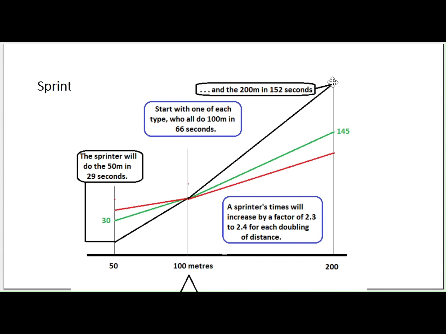They might do 200 in something like I've noted here, 152 seconds. What's that? 2 minutes 32. Their factor here will be 2.3, 2.4 with each doubling of distance.